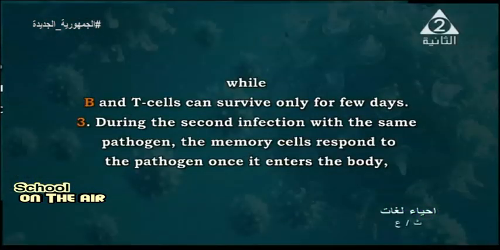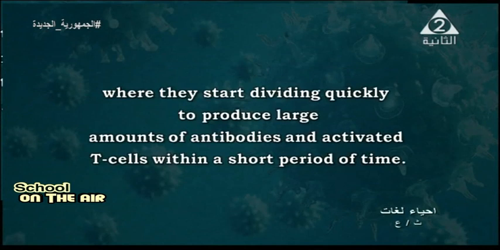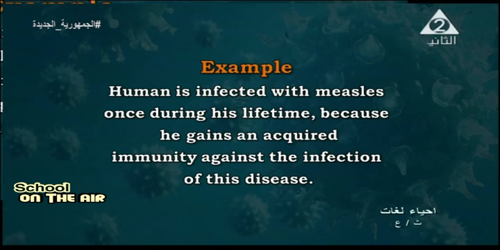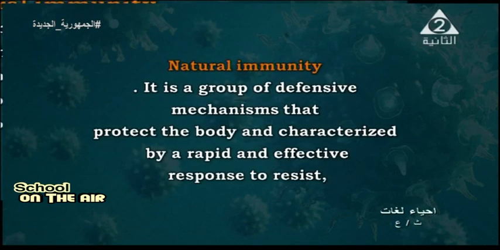That is what happens with this pathogen, where they start dividing quickly to produce a large number of viruses, or a large number of antibodies and activated T cells within a short period of time. For example, a human is infected with measles once during his lifetime because he gains an acquired immunity against the infection of this disease.